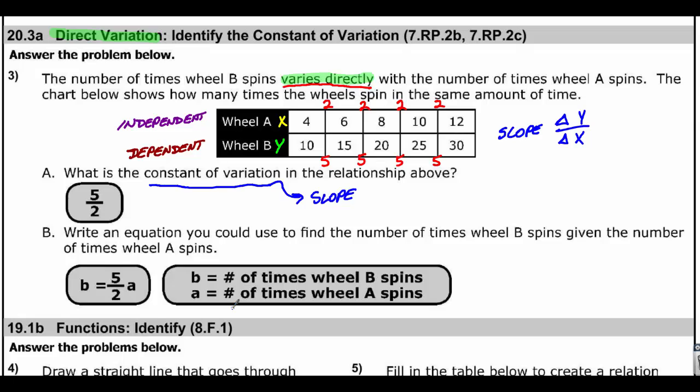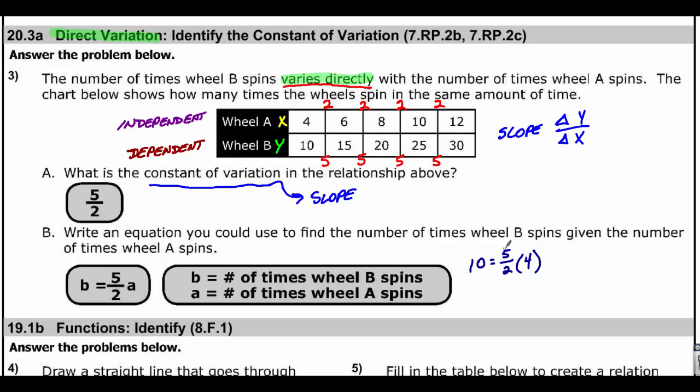Write an equation. We're on to part B now. Write an equation you could use to find the time B spins compared to A. Well, B spins the constant of variation times A. So if we go back to our table and plug in a B value, let's just take the first one, 10 equals 5/2 times 4.